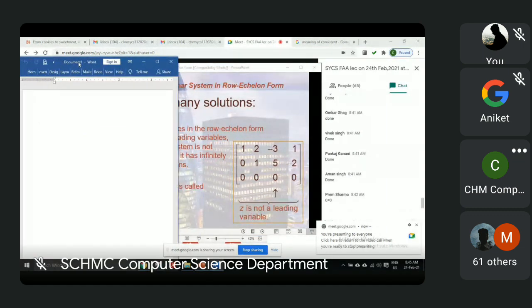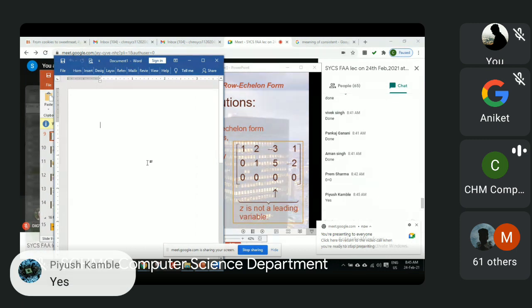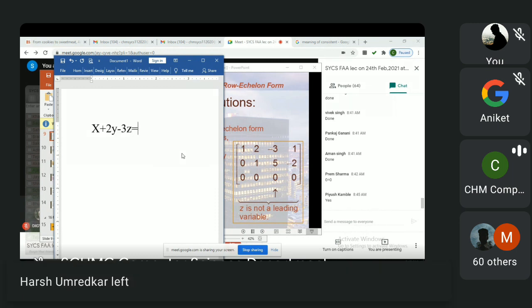I hope now you're able to see the system of linear equations and the white screen over there. I am going to write this as x plus 2y minus 3z equal to 1.